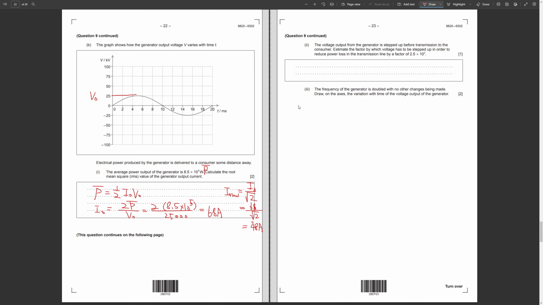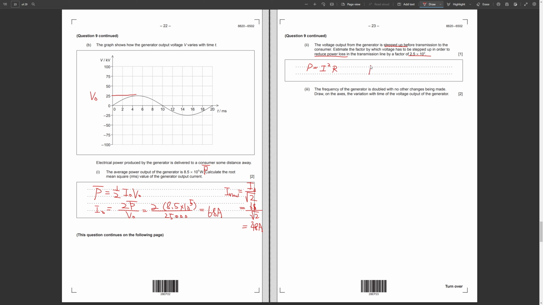Part B2, you are going to make a step-up transformer, and the target is to, by stepping up the voltage, reduce the power loss by a certain factor, 250 times. If you step up the voltage, which means you are stepping down the current, the equation for power dissipation in a transmission is power equals to I square R. And R, resistance of the long wire, is a constant.